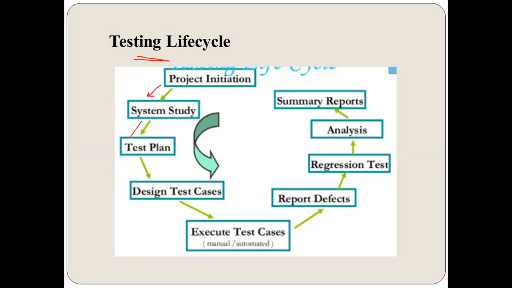According to the functionalities, the test plans are generated, the test cases are designed and executed, the report of defects is prepared, regression testing is done, analysis is done, and the report is submitted. So this is the life cycle of testing, right?